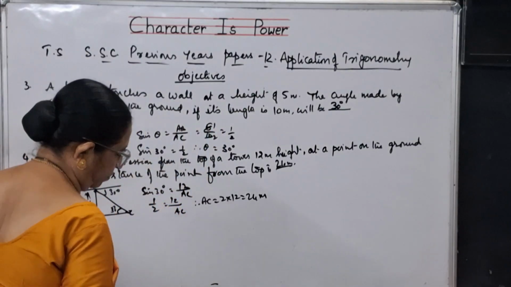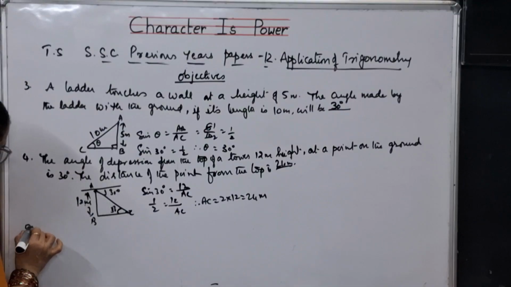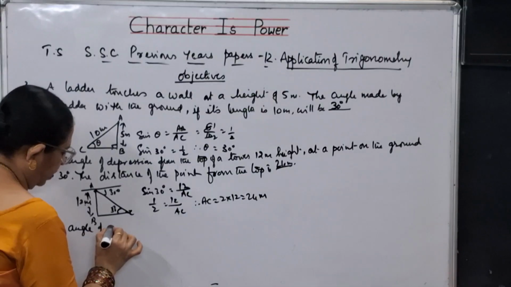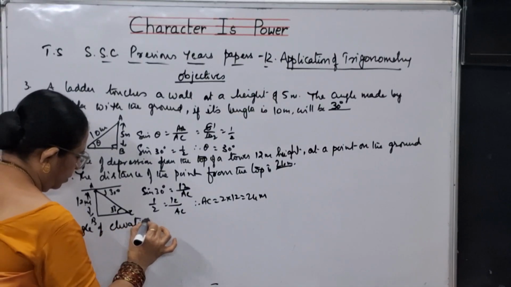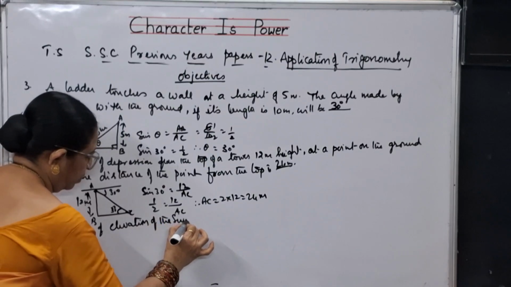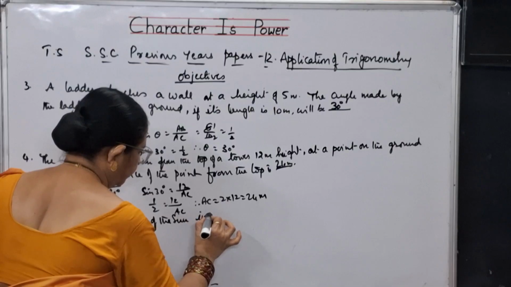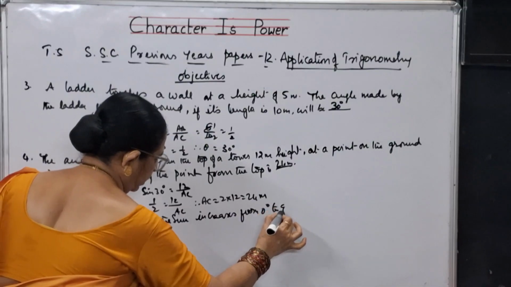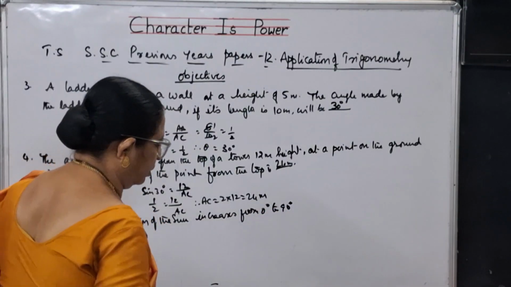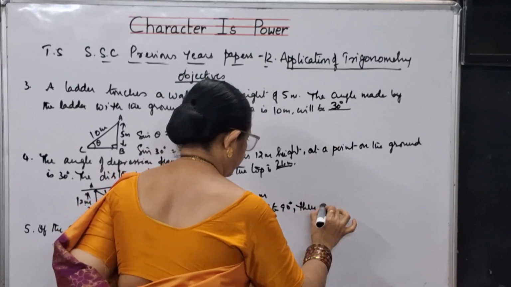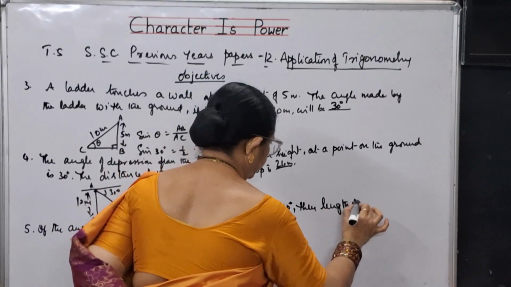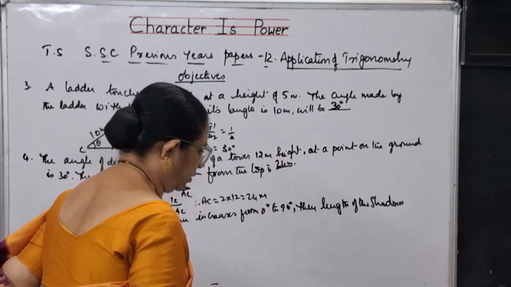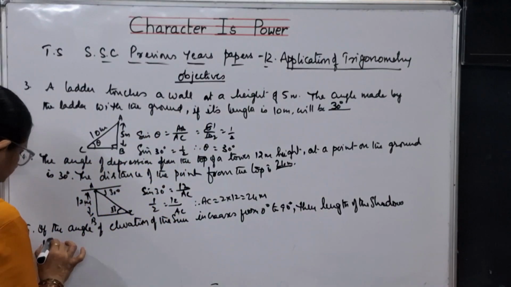Next, the fifth question. If the angle of elevation of the sun increases from 0 degrees to 90 degrees, then what will happen to the length of the shadow of the tower?